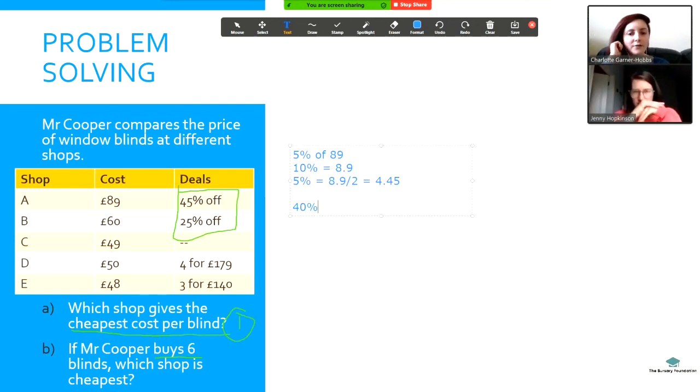So I've already got 10% in order to find 5%. Okay. So I'm going to say, well, 10% times 4 is 40%. So if I just do 8.9 times 4, that gives me something that's slightly easier to work with than 9 times 4.45. So I'm going to do the multiplication in my head quickly.